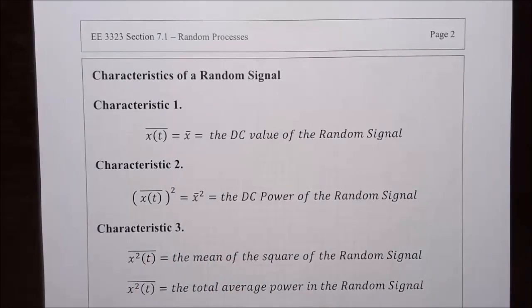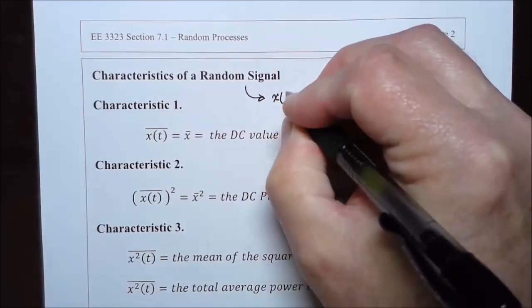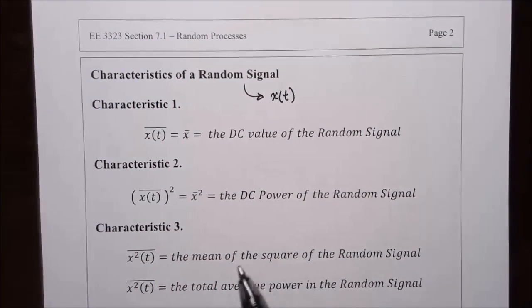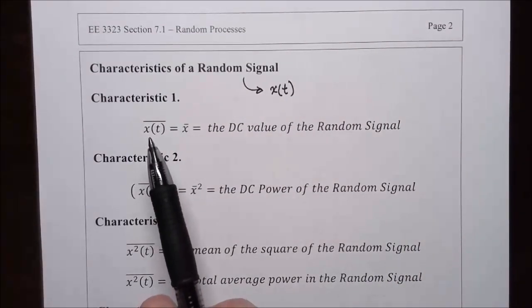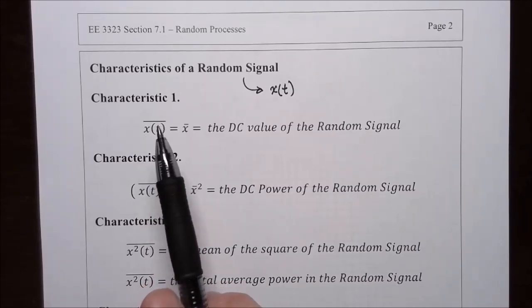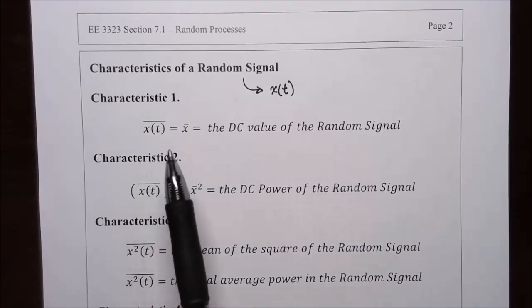So let's consider a random signal, let's call it x of t, a function of time, and it varies in a random fashion. So we can find the mean or the average value. That's the bar across the top indicating the time average, and we will also consider this to be equal to the statistical average for this random signal.